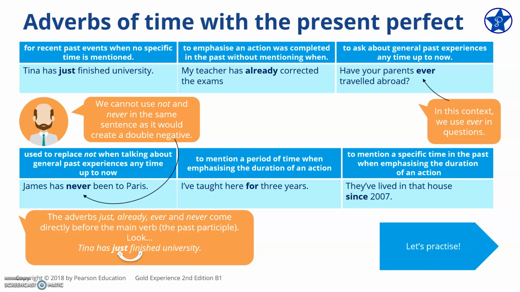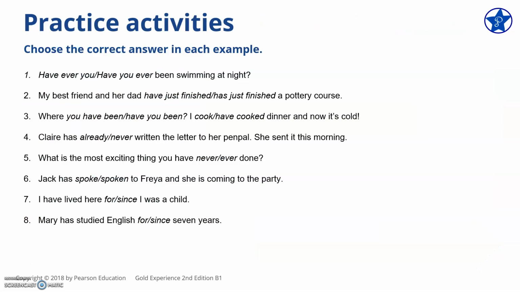So, I think now you're ready to practice. Look at these sentences. Choose the correct answer in each example. Let's do the first one together. Have you ever been swimming at night?